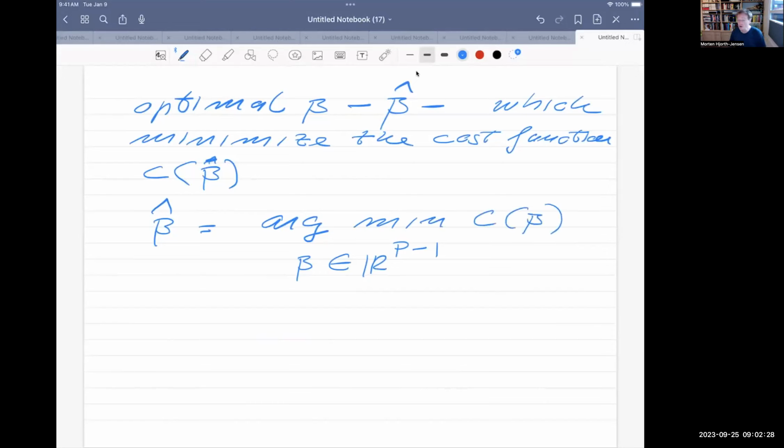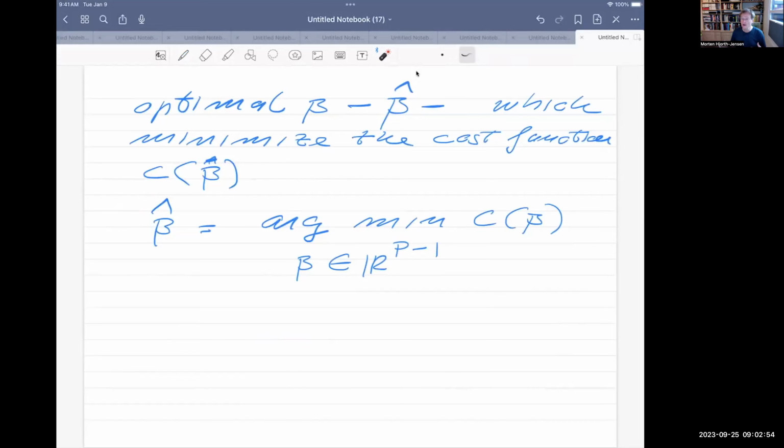A typical function when we do linear regression is what is called the mean squared error. We are coming back to that after the break. But these are the three essential elements. And then the different algorithms are going to tell us how we learn these parameters beta hat, which are the optimal parameters which minimize this cost function.